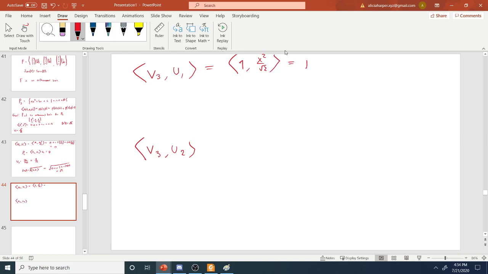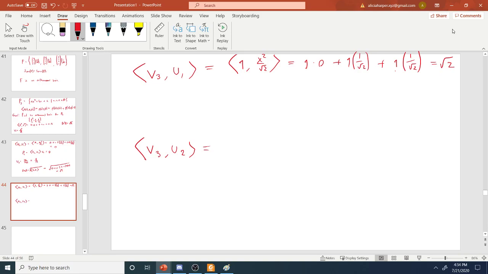It's going to be equal to 1 times 0 plus 1 over the square root of 2 times 1 plus 1 times 1 over the square root of 2. And so all of this just ends up being equal to the square root of 2.